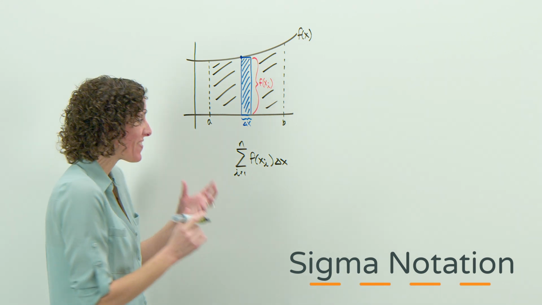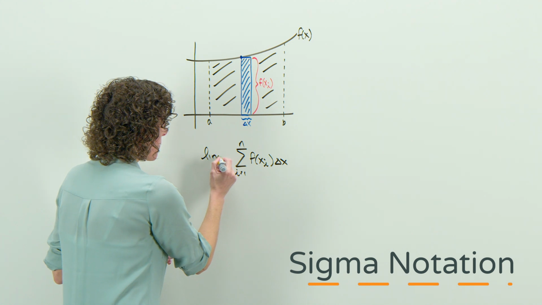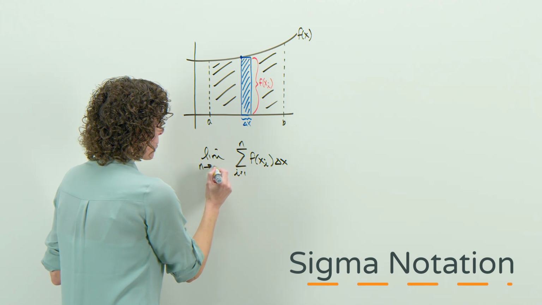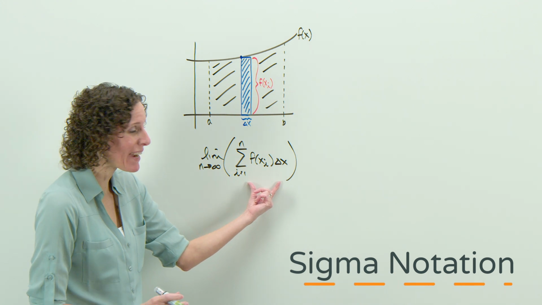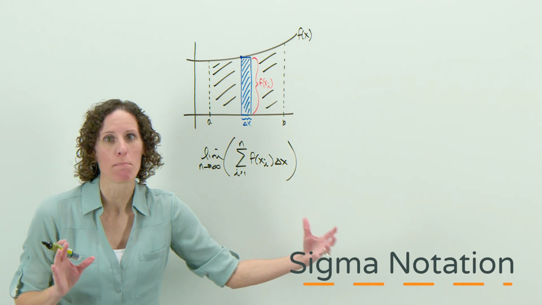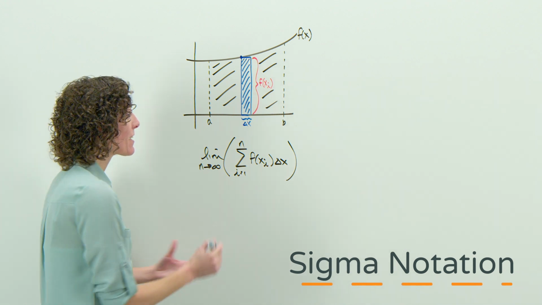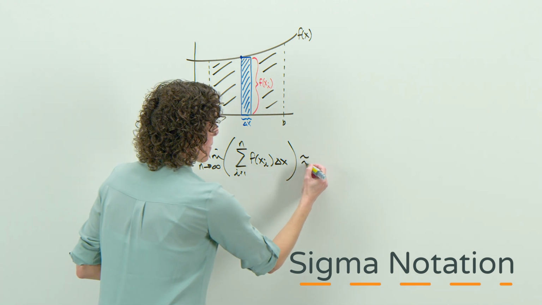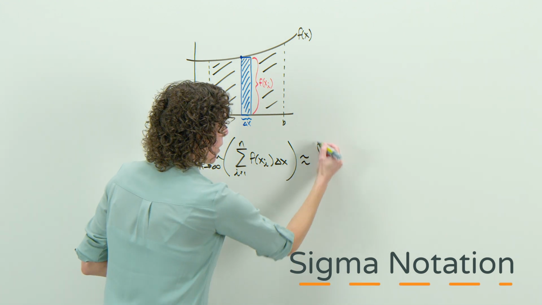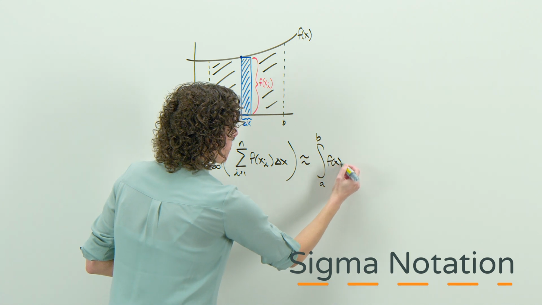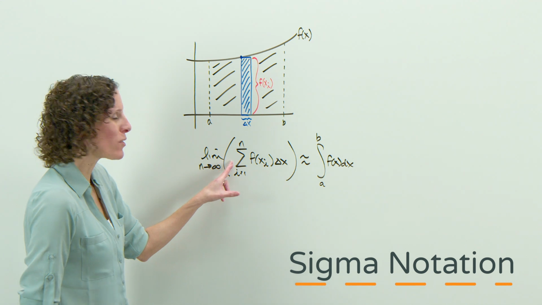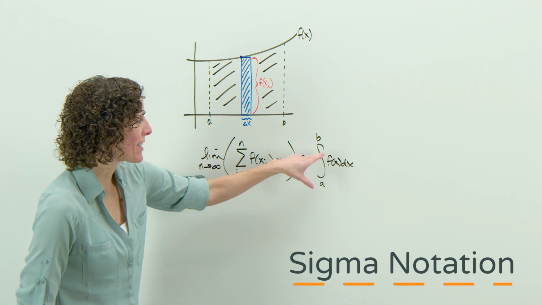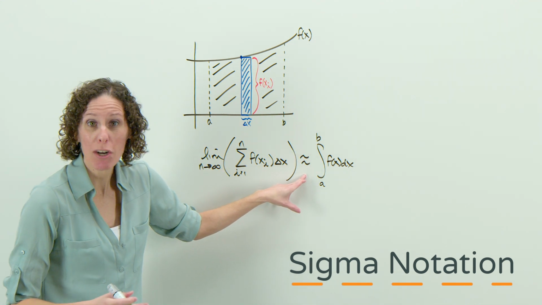But if we then take the limit as n approaches infinity, we can turn this finite number of rectangles into an infinite number of rectangles. And that is a great way for us to estimate the area under the curve of some function with respect to x. Notice all we're doing is taking that sigma notation and elongating it into an S-shaped integral symbol.